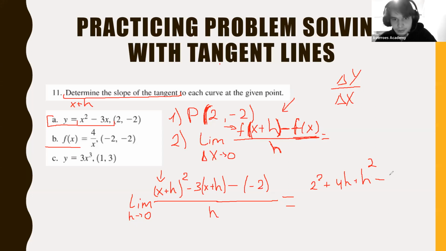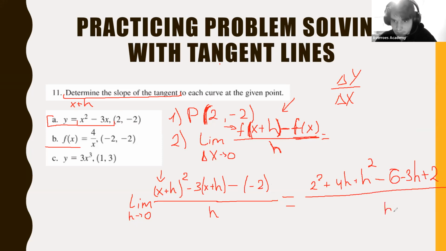That's going to be 3, subtract 3x, or plus 6. Oh yeah, sorry. So subtract, we're opening the bracket. We're multiplying 3 times x and 3 times h, and negative 3h, or subtract 3h. Yes. And we add 2 eventually.